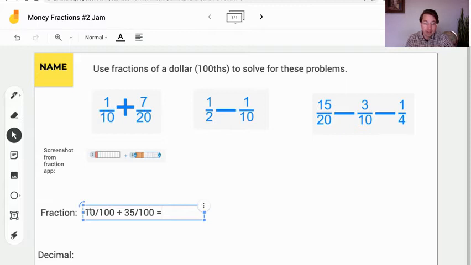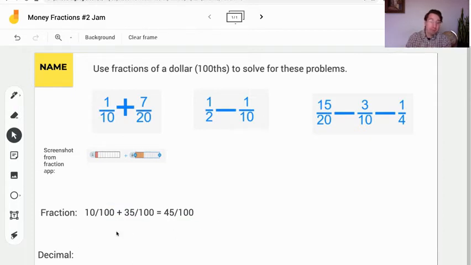Well, we take the numerator, 10 plus 35, which is 45. And we do not add the denominators. The denominators stay the same, because that's how many pieces there are in total, 100 cents, 45 100ths. Now, we can remember from the previous lesson to write this in decimals as we think of their place value. 10 100ths as a decimal is written like this, 0.10.